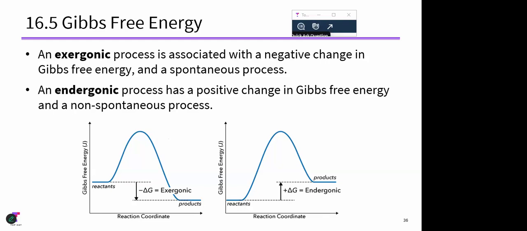Okay, so we need to introduce a little bit more new terminology. For enthalpy, heat energy, we've talked about the idea of endothermic or exothermic: endothermic for heat coming into the system, exothermic for heat leaving the system.